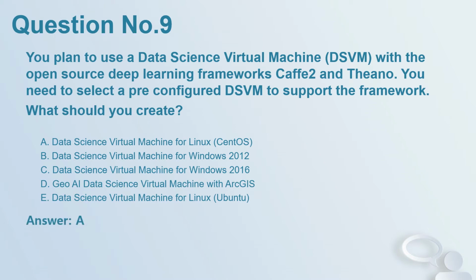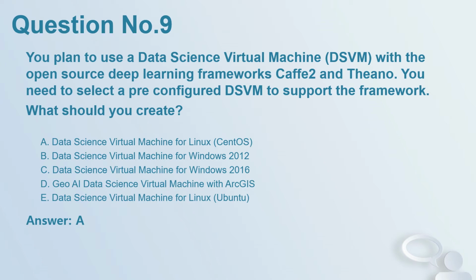Question number 9. You plan to use a data science virtual machine (DSVM) with the open-source deep learning frameworks Caffe2 and Theano. You need to select a pre-configured DSVM to support the framework. What should you create? A. Data Science Virtual Machine for Linux CentOS.